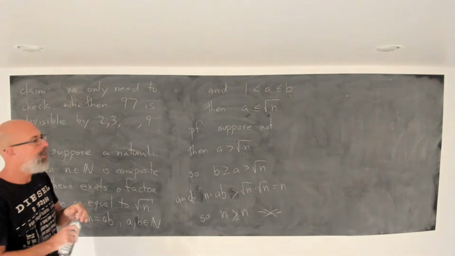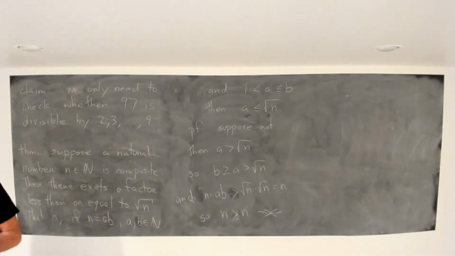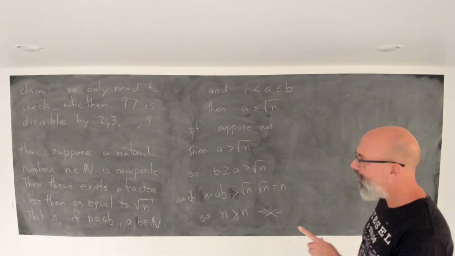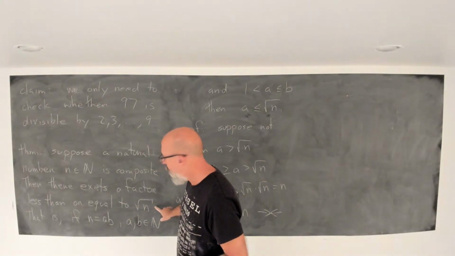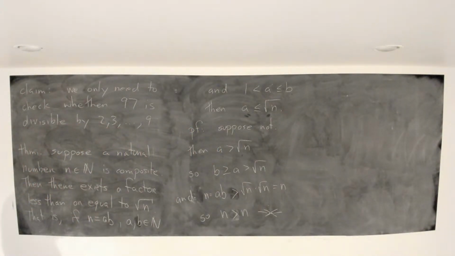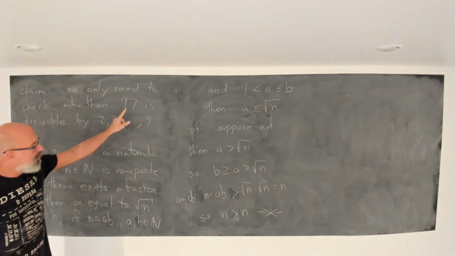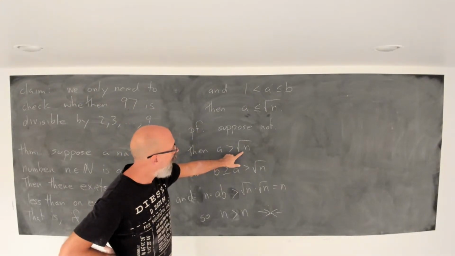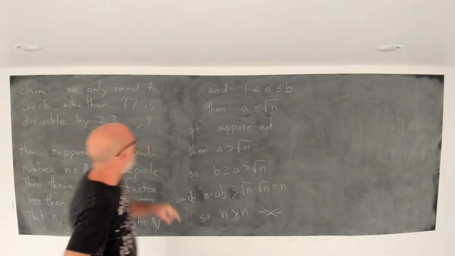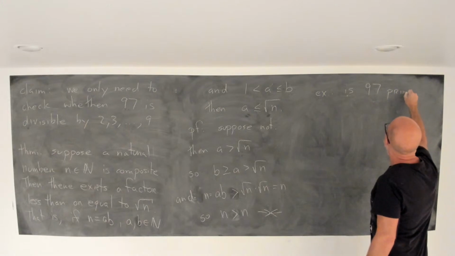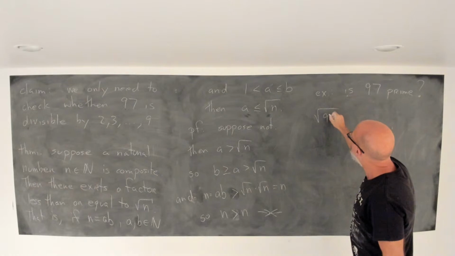So what does this imply as far as we're concerned? This implies that to check whether 97 is prime or not, if it's composite, there's going to have to be a factor less than or equal to square root of 97.